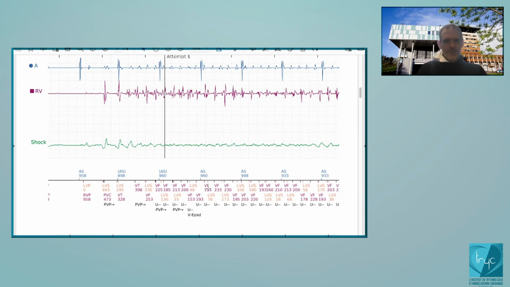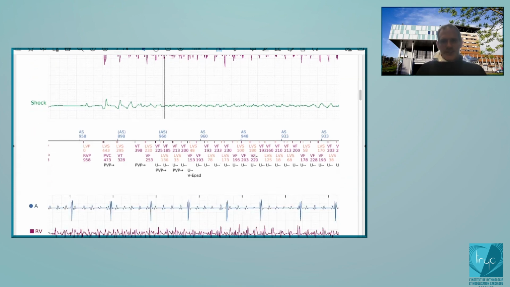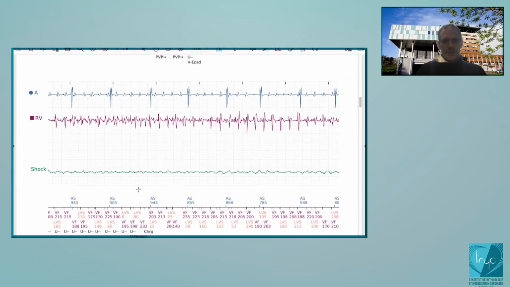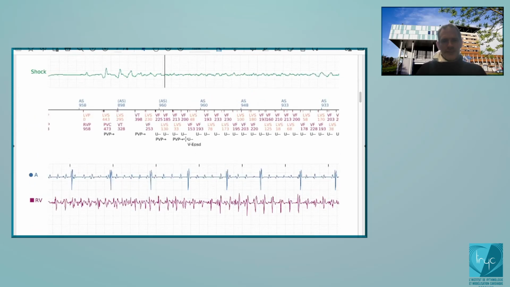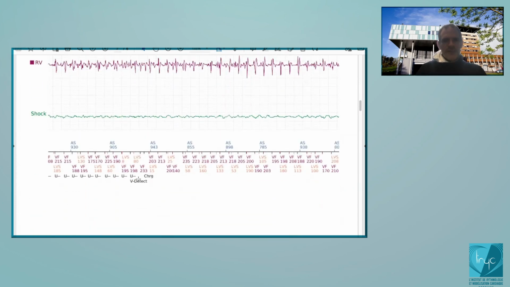Okay, it's the same. And you see there is clearly a good sensing, and you arrive here, V-detect. So the new guidelines, once more, 5 seconds of initial duration inside the VF zone, and then you will start the charge of the capacitors.